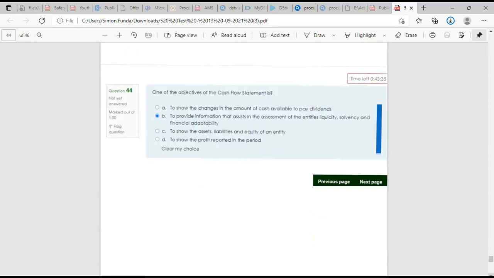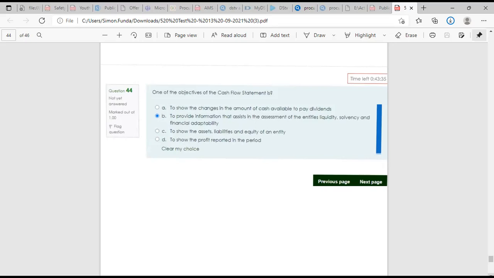One of the objectives of the cash flow statement is to show the changes in the amount of cash available to pay dividends, or to provide information that assists in the assessment of the entity's liquidity, solvency, and financial adaptability.